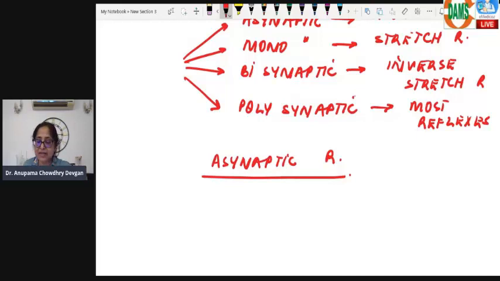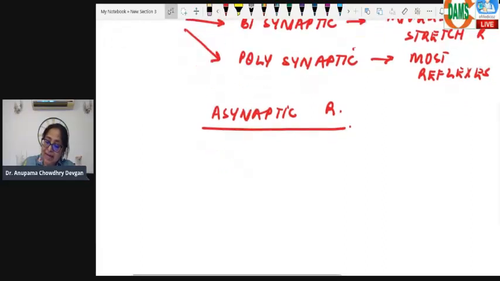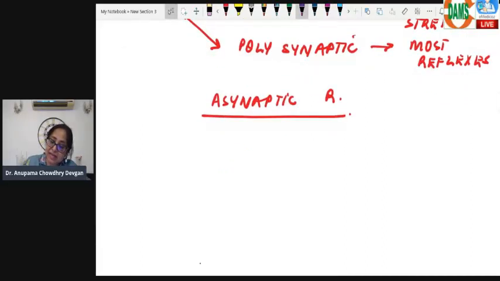As far as the asynaptic reflex is concerned, it is, like I said, the axon reflex.